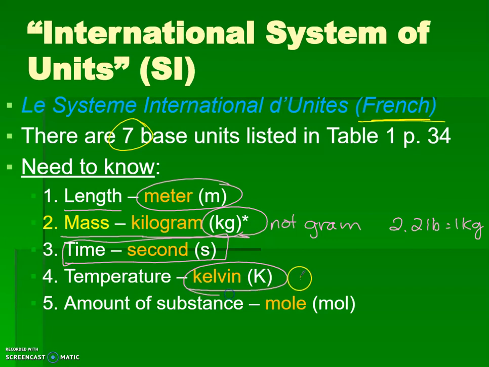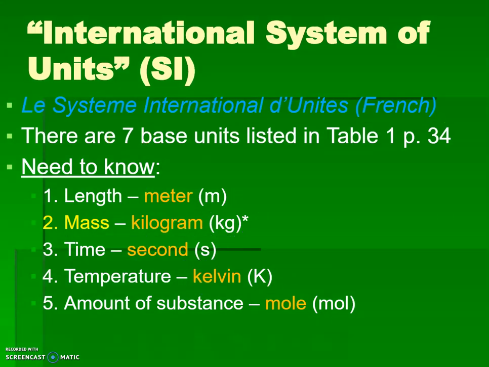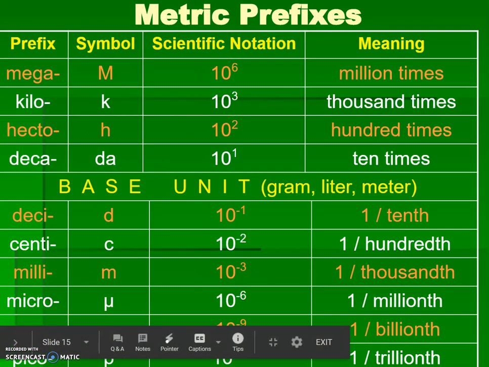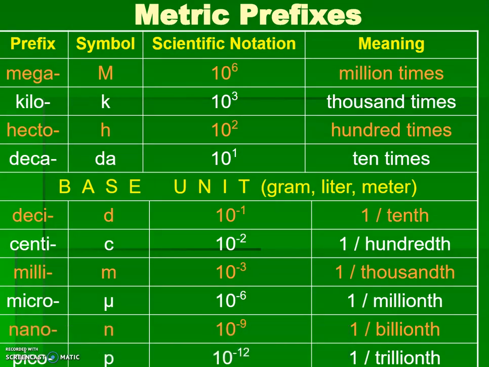Temperature is Kelvin, not degrees Celsius. We'll talk about temperature units as well. And then the amount of a substance, which is the mole, MOLE, yes, like the little animal. The other ones that they have listed are like lumens for brightness, and that stuff we're not going to get into in this course.